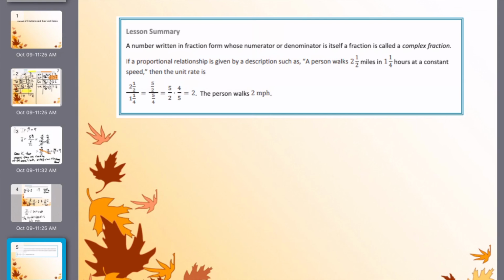If a proportional relationship is given by a description such as a person walks 2.5 miles in 1 1/4 hours at a constant speed, then to find the unit rate you divide distance over time, and you would ultimately find that the person walks 2 miles per hour. So this week is really all about getting used to our fractions again and learning about our new term, complex fraction, which is when we have a fraction in the numerator or the denominator or in both.